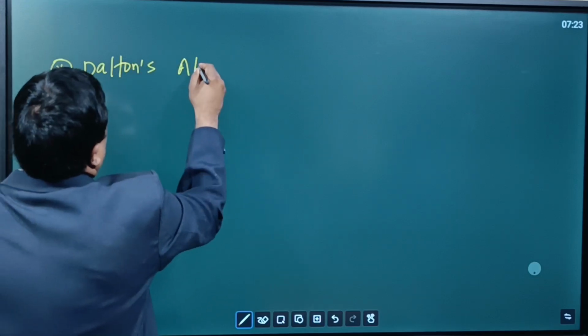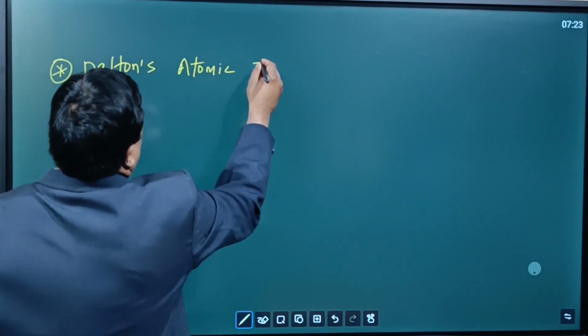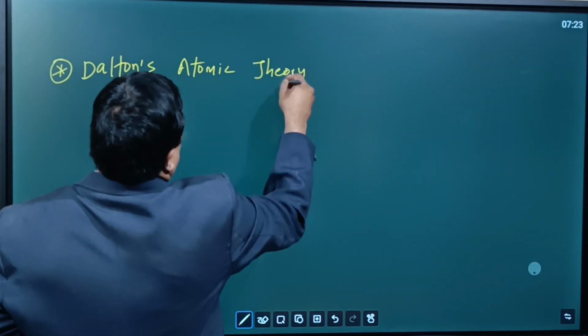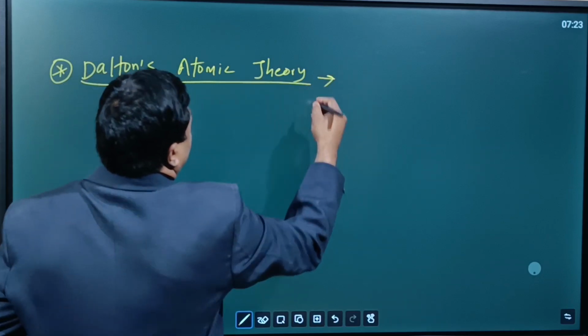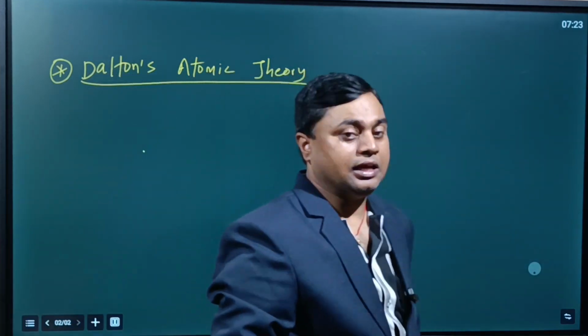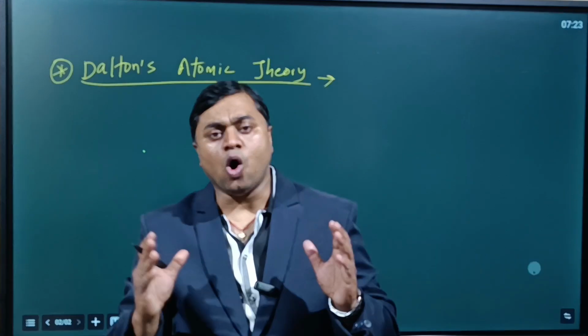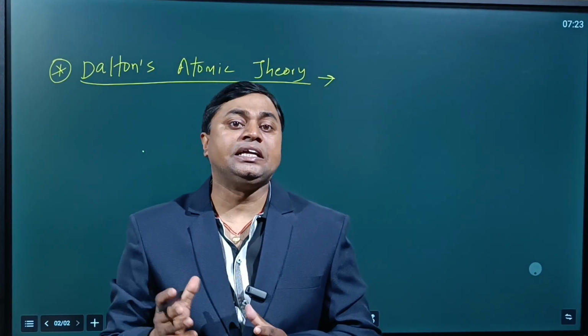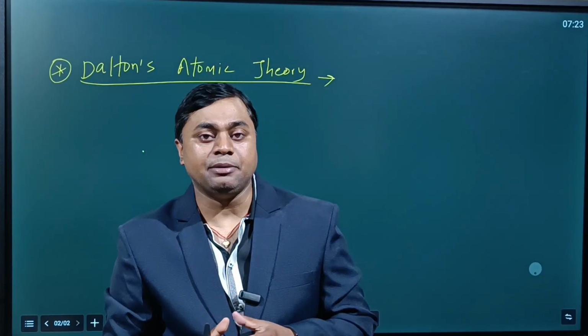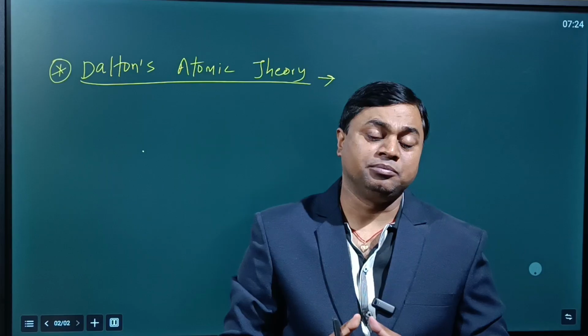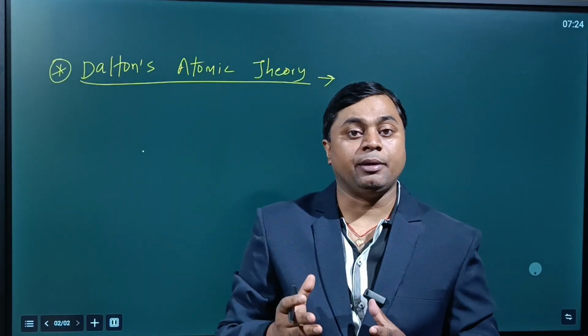Just listen to the points clearly. He told all the matters are made up of very tiny particles. These tiny particles are nothing but atoms, or it may be ions, or it may be molecules.